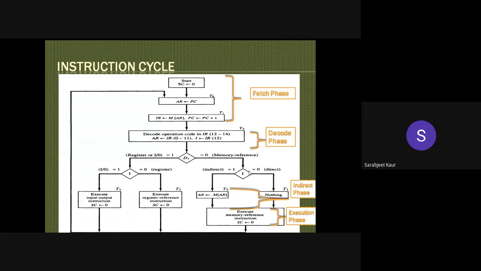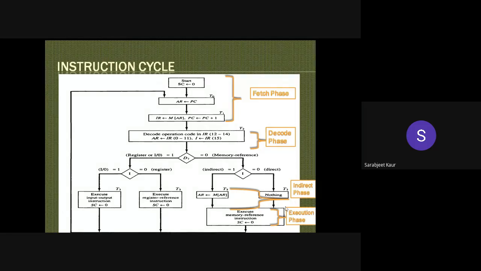And now suppose the value in this I flip-flop was 0, meaning this was a direct memory reference instruction. In that case, did we have to do anything in the indirect phase? No, right? We don't have to do anything in the indirect phase then.